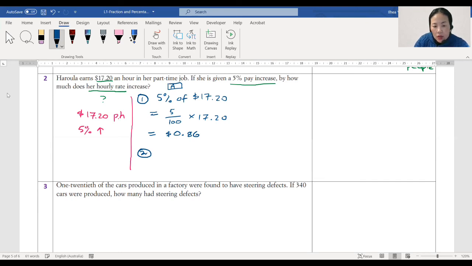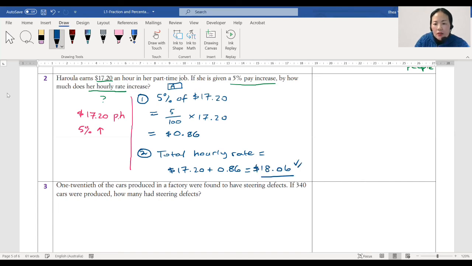Okay, so the total hourly rate will be $17.20 plus 86 cents, which is $18.06.